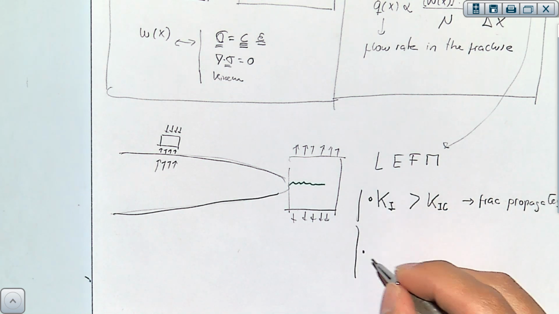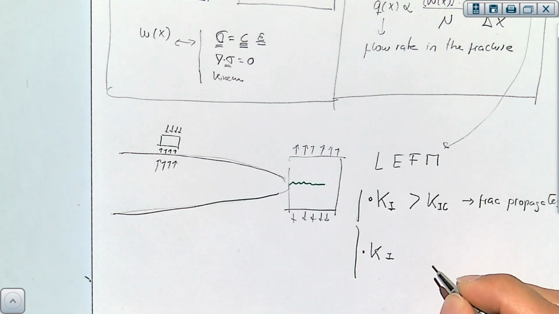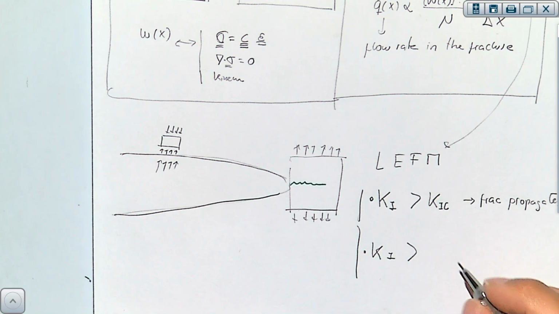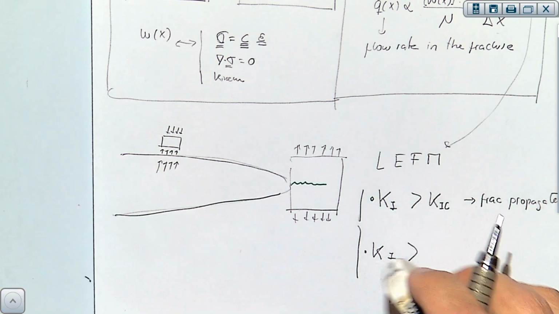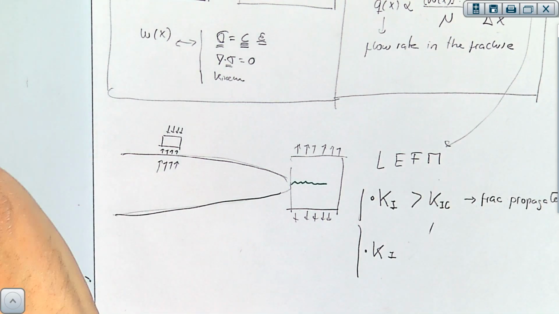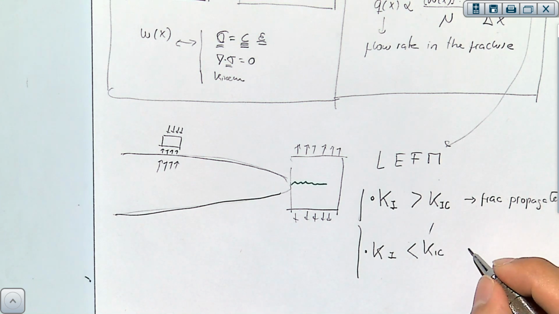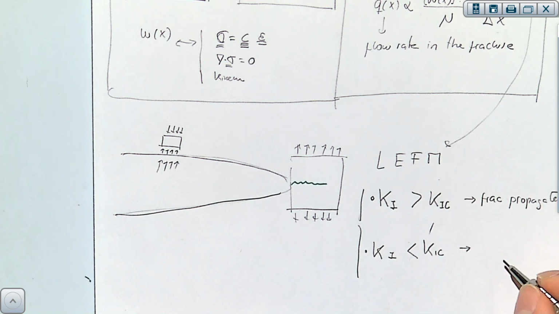When the intensity is less than the toughness value, the fracture does not propagate.